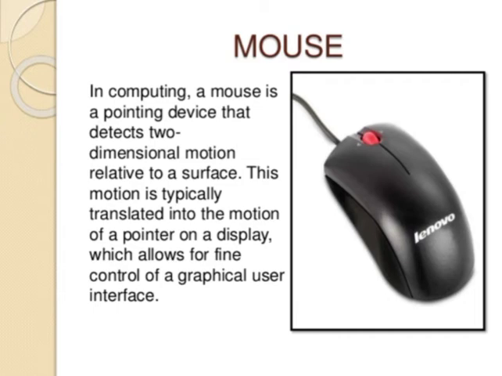So the mouse is a pointing device which is basically used to select any command, any instruction on the monitor, and it helps us work on the computer. There are different types of mouse. The first contains a roller at the bottom, and with the help of a sensor we can use that mouse, and another is the Bluetooth or Wi-Fi mouse.